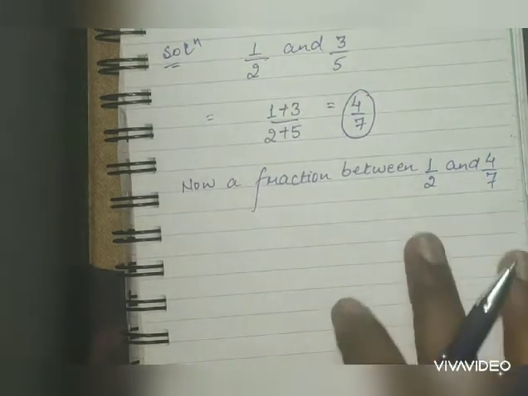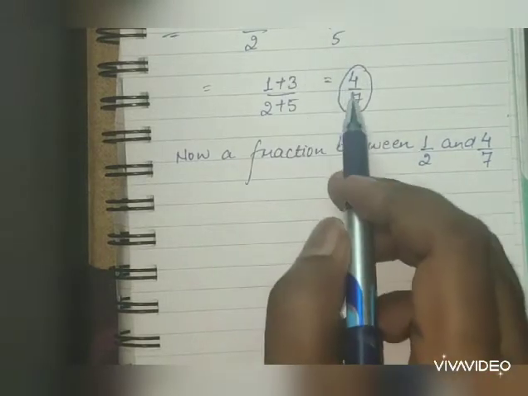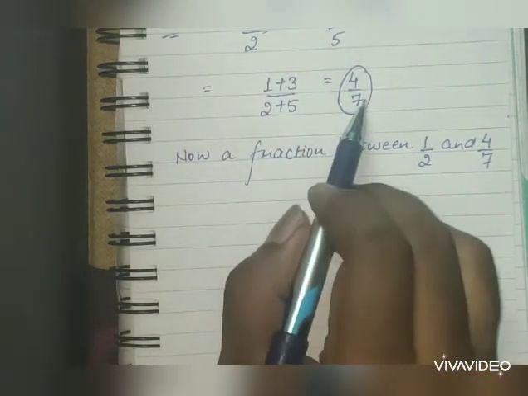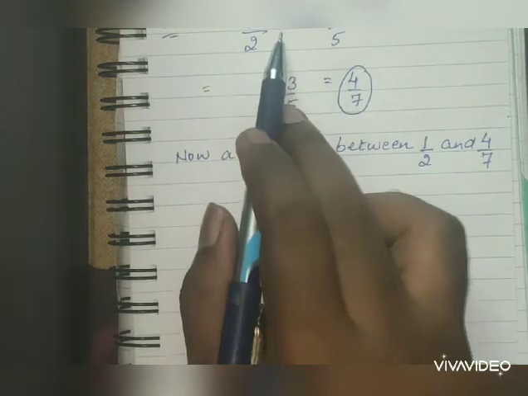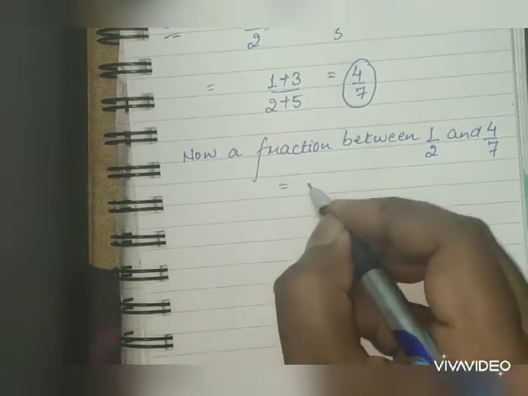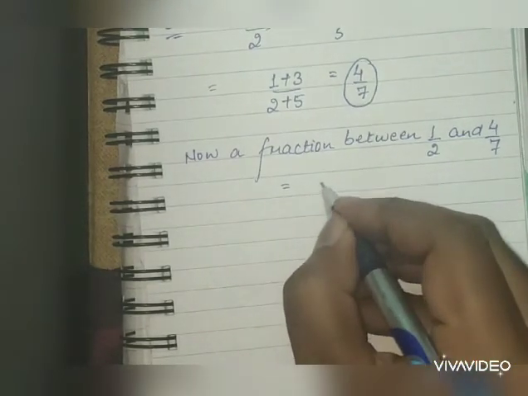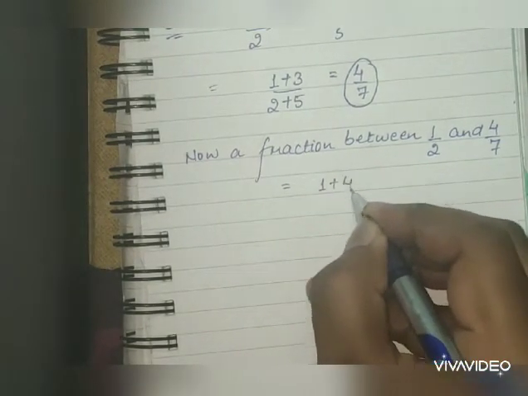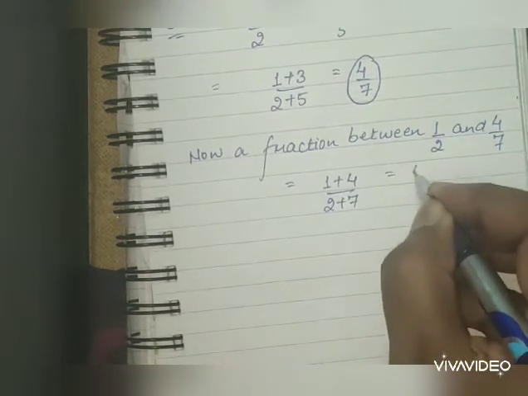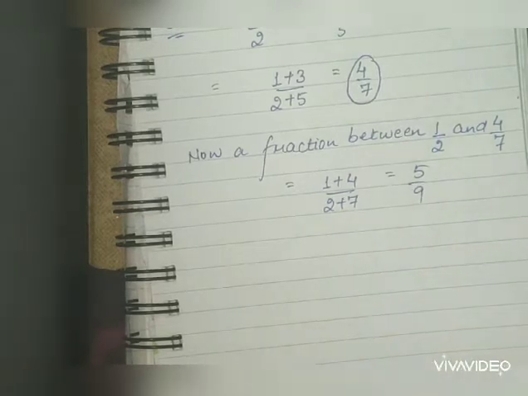Okay, now see, as 4/7 has come in between, we will first take 1/2 and 4/7, and find the fraction that has to be inserted between these two. So how? We will add the numerators, 1 plus 4, and the denominators, 2 plus 7. So you will get 5/9.